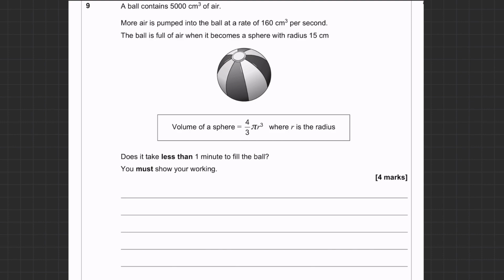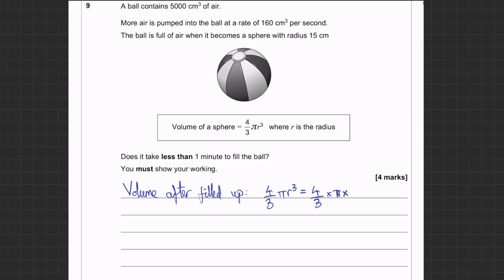So what we need to figure out here is how much air will be in the ball after it's been filled up with air. We know how much air is currently in it, but we want to know how much air will be in it once it's filled up. So that will be our first point of call. So the volume after it's been filled up is 4/3 pi r cubed, which is 4/3 times pi times the radius cubed.